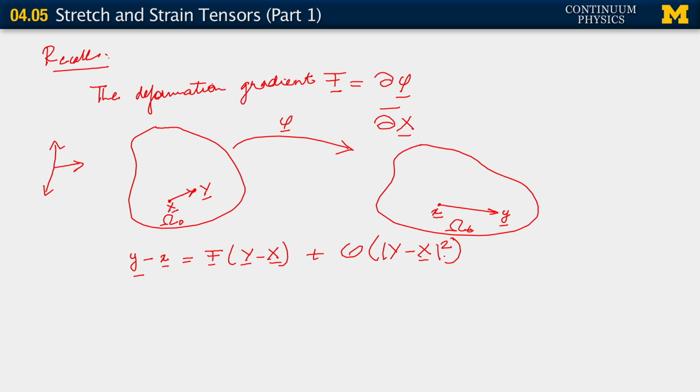At the very end of the last segment, we observed that in the limit that capital Y minus capital X is small, the deformation gradient is essentially a first order measure of the stretching of the fiber between points Y and X.